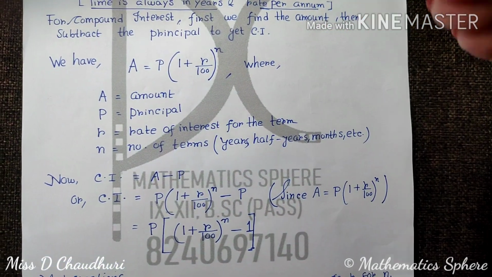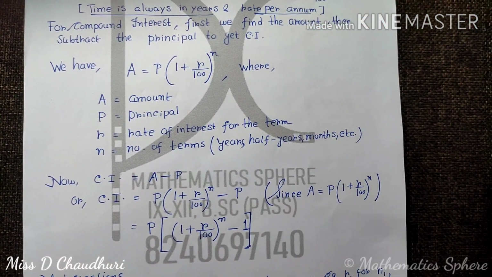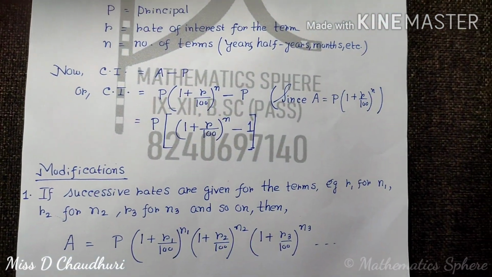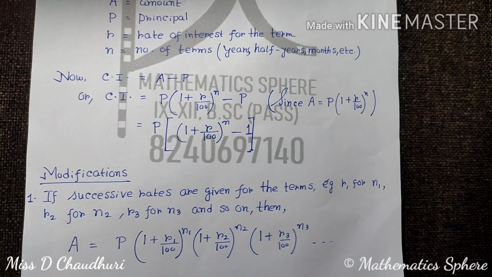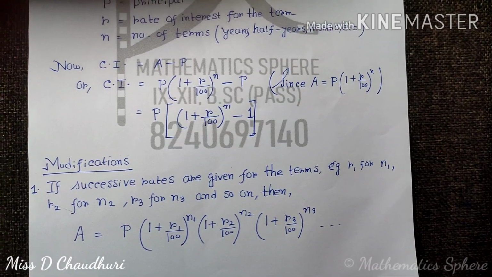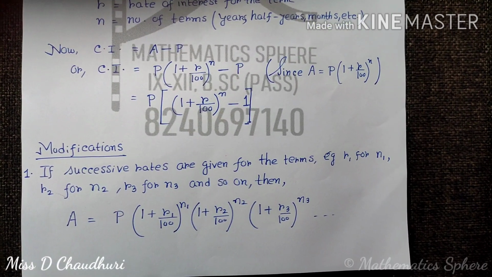Okay, now this is the main formula. But there are a few things which we will have to keep in our mind while doing the sums. Suppose in case of manual things also, you have seen that in some cases they give you successive rates, means they give that the rate for the first year will be 6%, rate for the second year will be 7%, and so on. Then what will you do in that case?